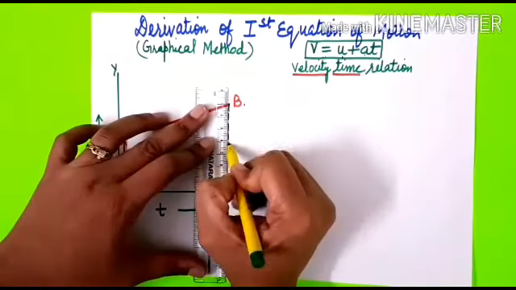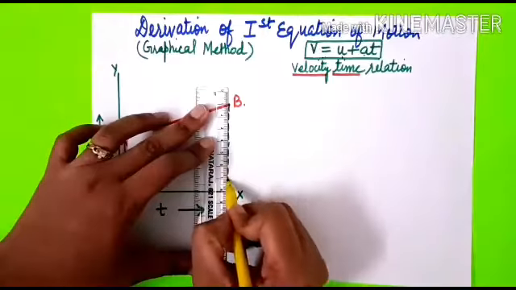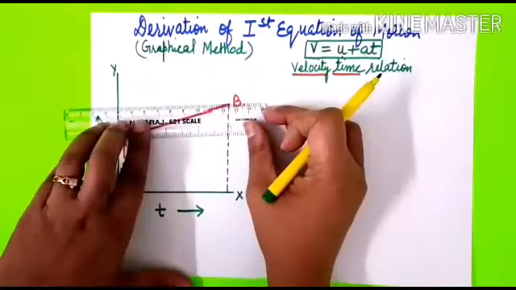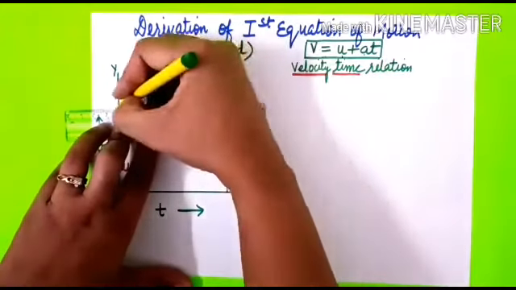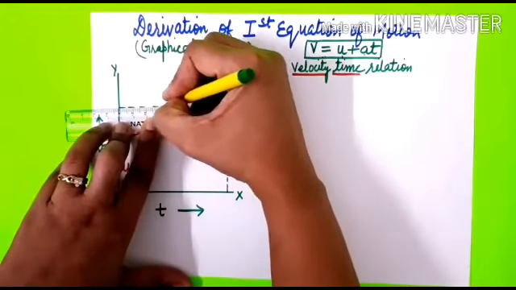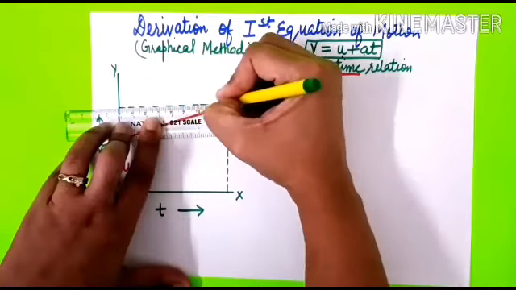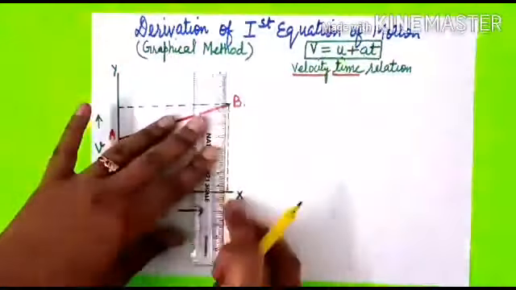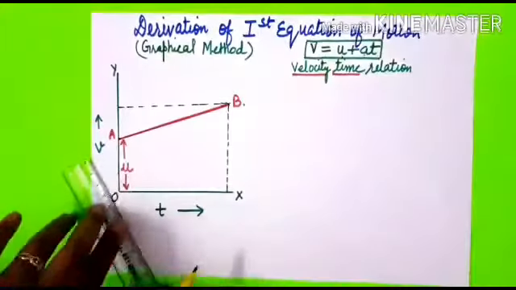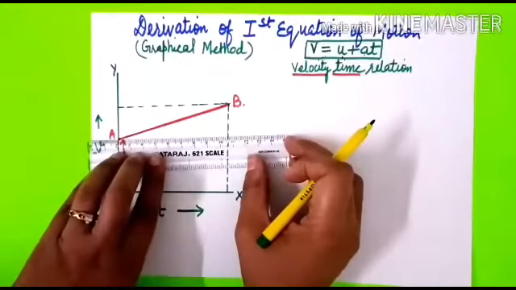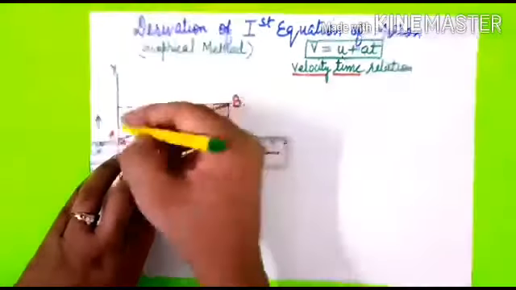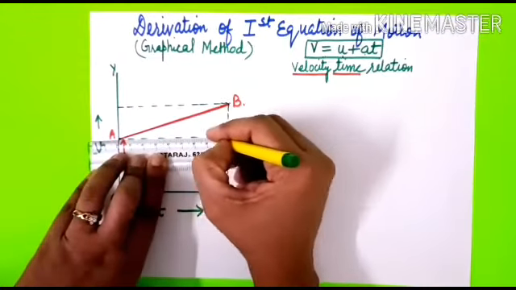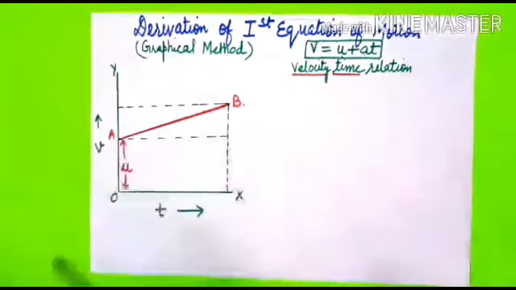So now draw other lines to complete this graph. Draw a perpendicular on the y-axis. Here, draw a perpendicular on the x-axis from point B. One more line parallel with the x-axis from point A. And mark all the points.